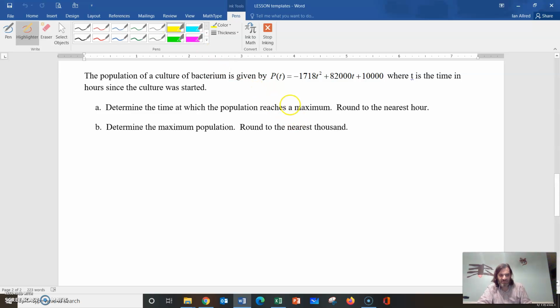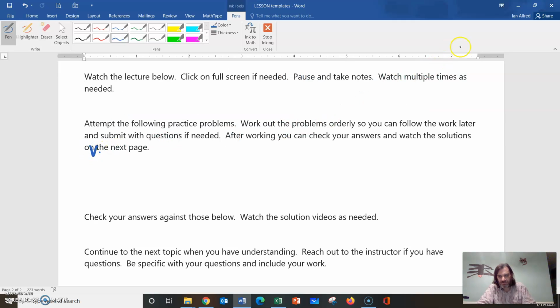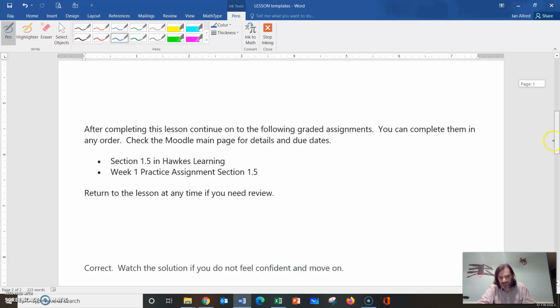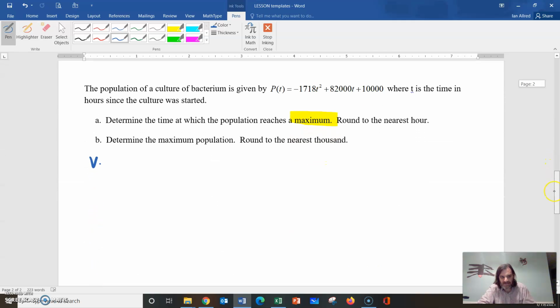So maximum for a quadratic means basically vertex. So let's see if we can do that. Let's talk about the vertex.